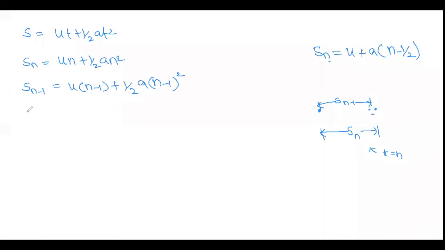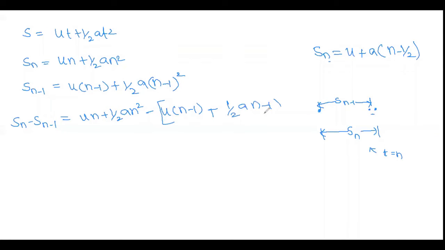So the distance traveled by an object in the nth second can be written as Sn minus S(n minus 1). Sn is un plus half a n square, minus u into n minus 1 plus half a into n minus 1 whole square.